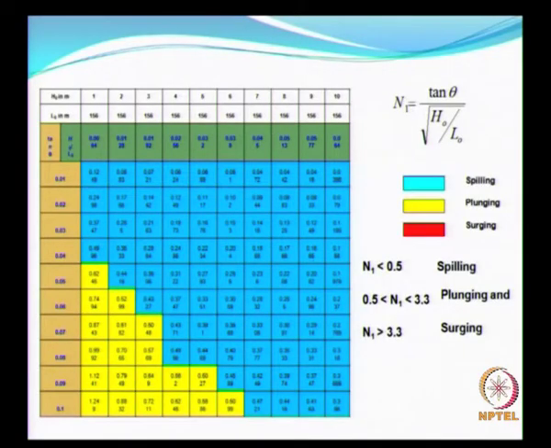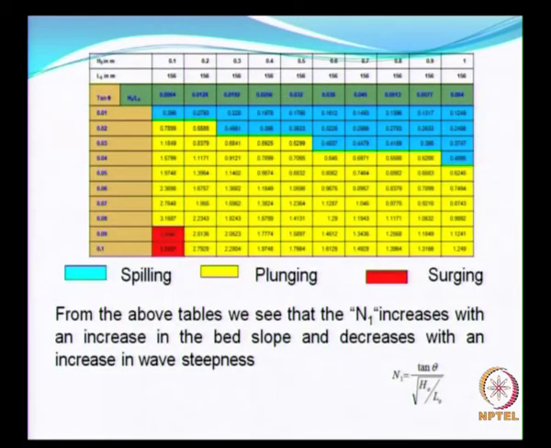So, for example, in this slide you see that we have varied the deep water wave height from 0.1 meter to 1 meter in intervals of 0.1 meter, and then you look at the variation of your N value that categorizes the different types of breaking of waves.